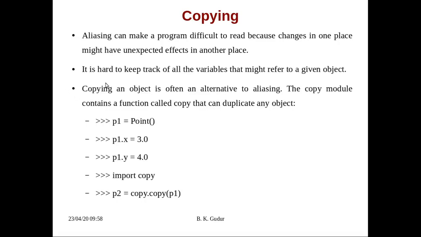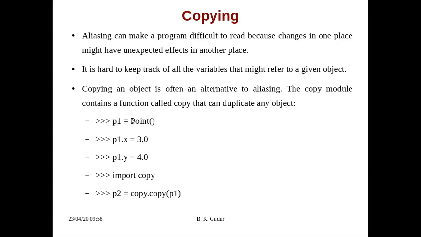As I told, it is hard to keep track of all variables that might refer to a given object because of many aliases. Copying an object is often an alternative to aliasing. There is a module called copy, which contains a function called copy that can duplicate any object.